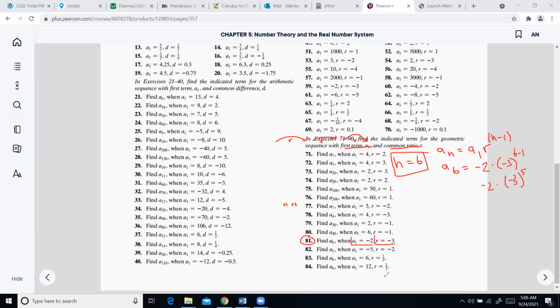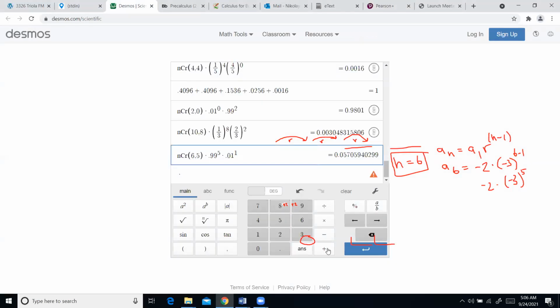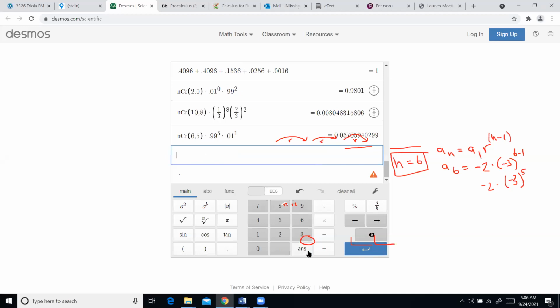And I guess a calculator will be of use here, because otherwise you're going to have to multiply -3 by itself 5 times. So we use the calculator. If I take this -2 and multiply it by, in parentheses, -3 raised to the power of 5, then the result comes out, and it's 486, and this is your answer.